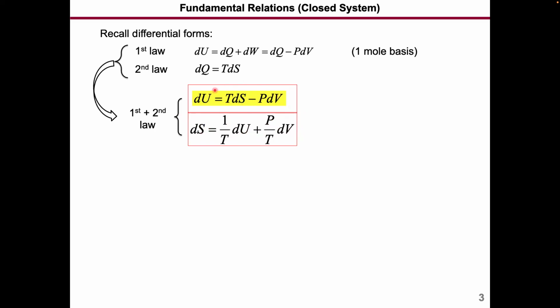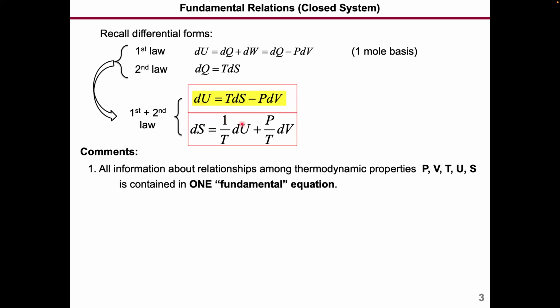So now if you look at this equation, you have internal energy, temperature, entropy, pressure, and molar volume. All these are thermodynamic properties. We have a total of 1, 2, 3, 4, 5 thermodynamic properties, right? So this equation actually gives you the relationships among all these thermodynamic properties.